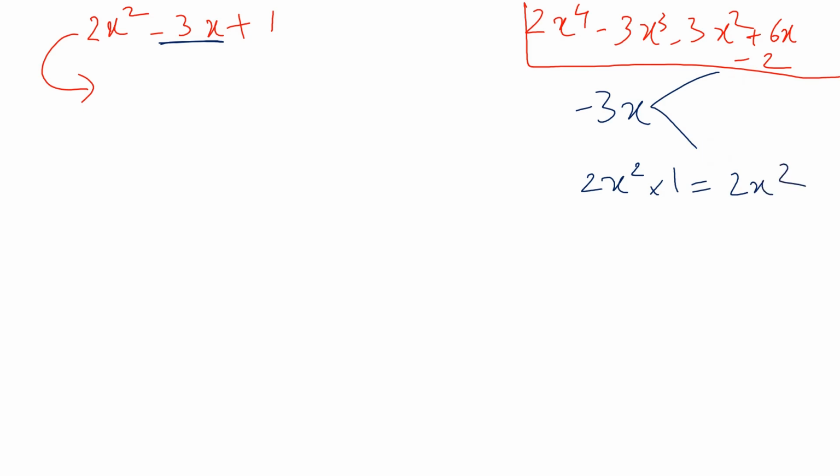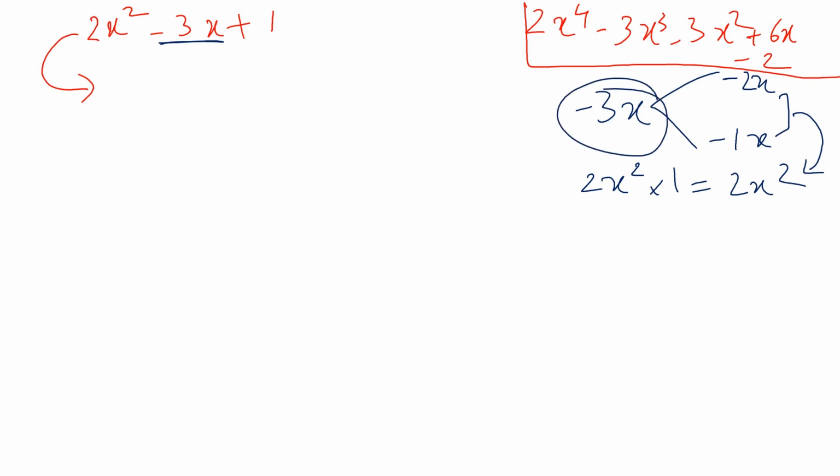Okay, so on observation, those two terms we get as minus 2x and minus x, right? Because these two products give us 2x^2, and the sum of these two gives us minus 3x.